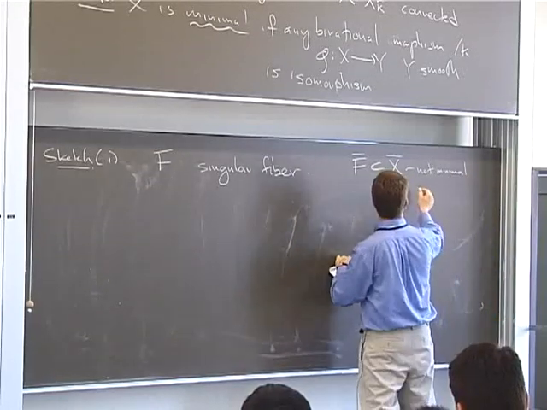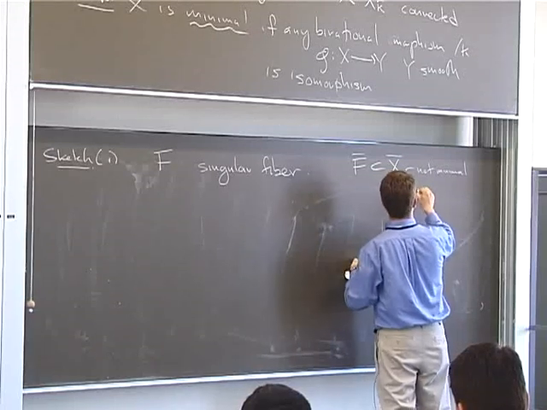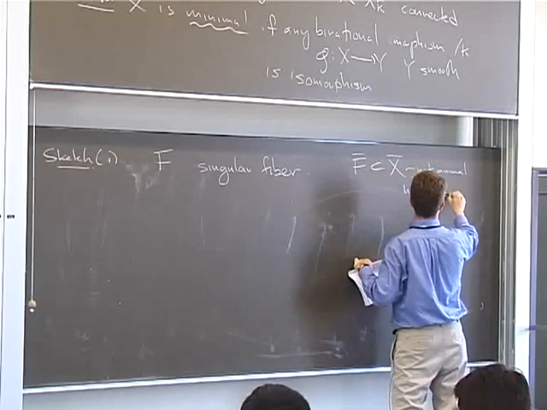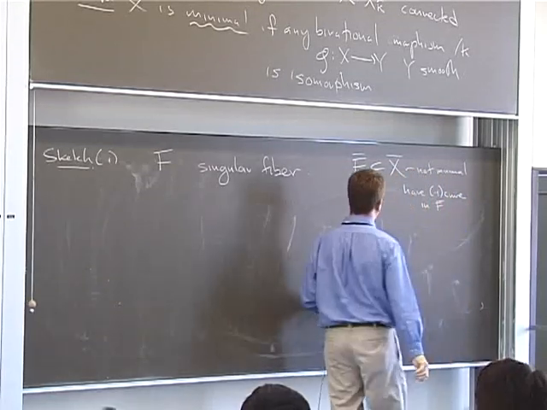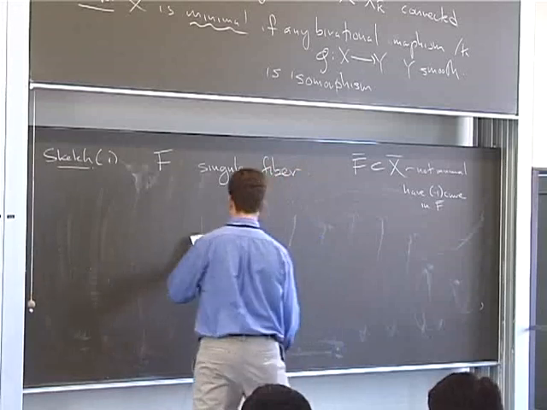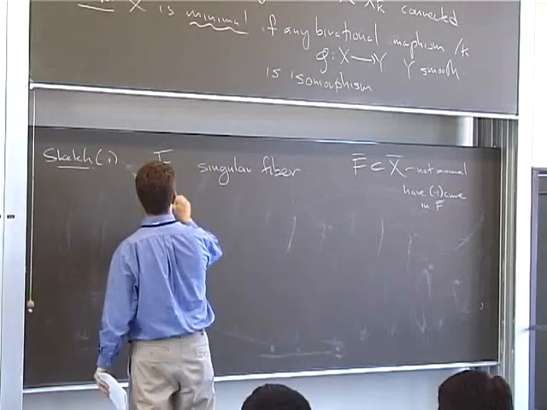This is not minimal, and so we have a -1 curve in F bar. So let's look at the corresponding Galois orbit.